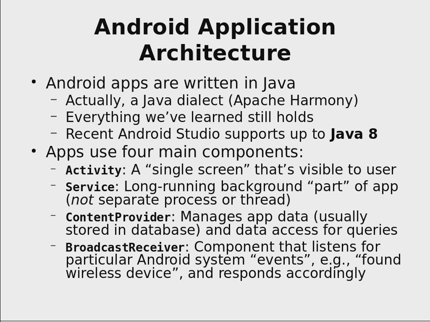What is happening with this phone, like data from the accelerometer, data from GPS, data about incoming calls, incoming SMS messages, etc. And then you can create so-called broadcast receivers. You can create these applets which receive these messages and handle them.